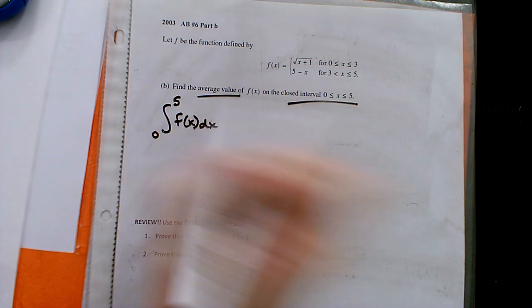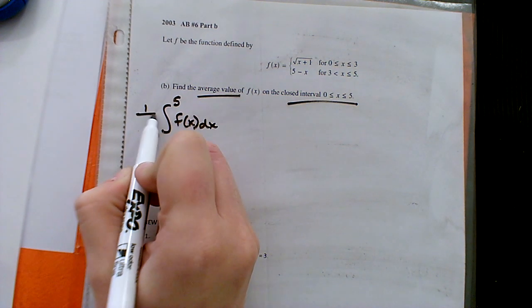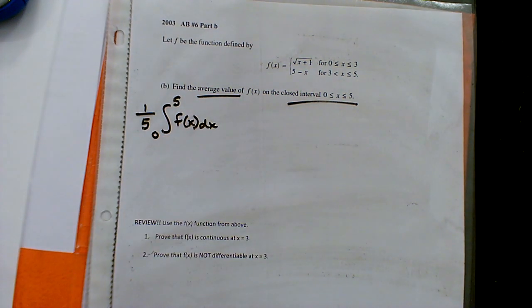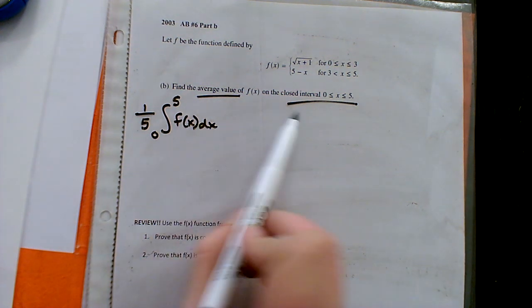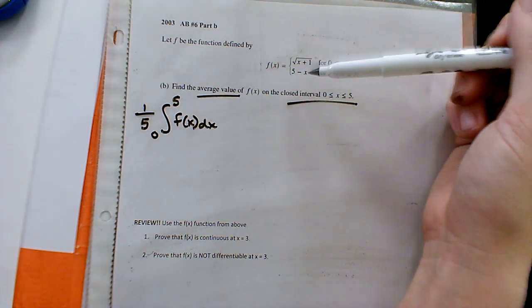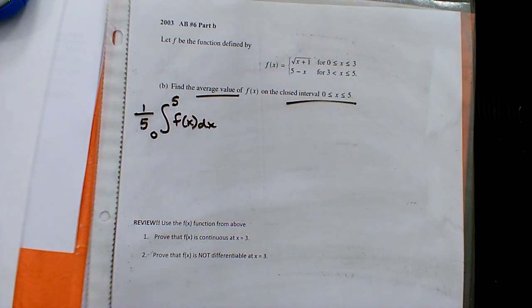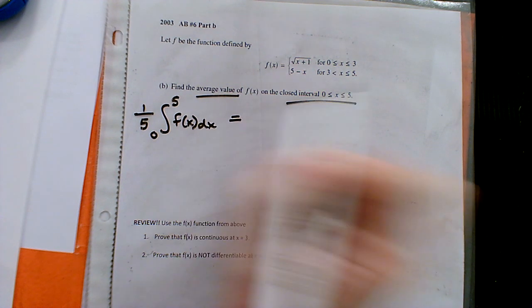Our interval is from 0 to 5. And since we want the average output, we need 1 over the difference of the bounds. So I'd say there's an integral that partially represents the statement. The question is, which function are we going to use for f of x? How are we going to use both?